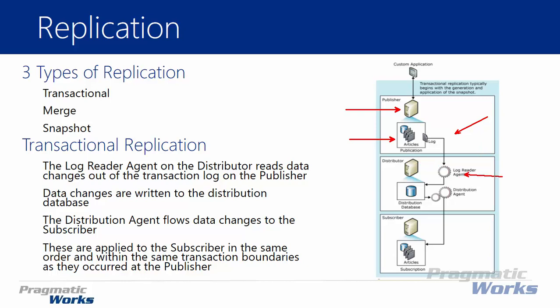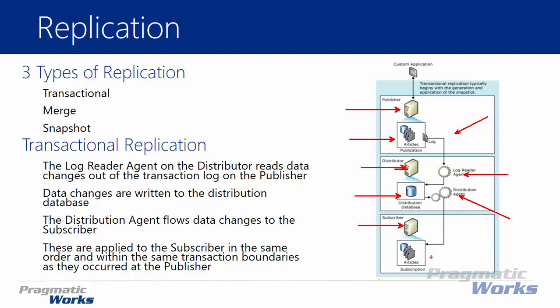Our log reader agent then pulls any information here from our distributor, which is stored within our distribution database. Our distribution agent then, which are SQL Agent jobs, pushes this information out to our subscriber, which could live on the same server or it could live on a remote server. And remember, we can have multiple of these subscribers, and you can have the same articles in each of these subscribers across your environment.